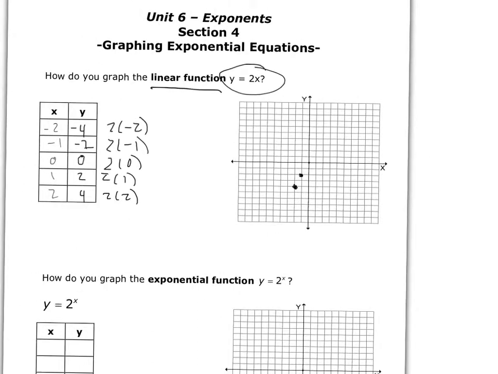We have 0, 0, 1, 2. And last but not least, we have 2, 4. Okay, so you can see that you have a linear line or a straight line going on your graph. And once you have those points graphed, you can then draw your line through them. Okay, so that, if you remember, is how to graph a linear function.